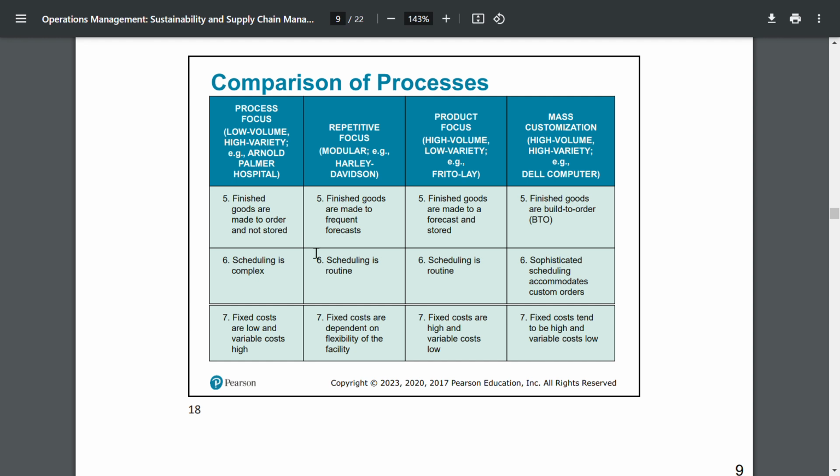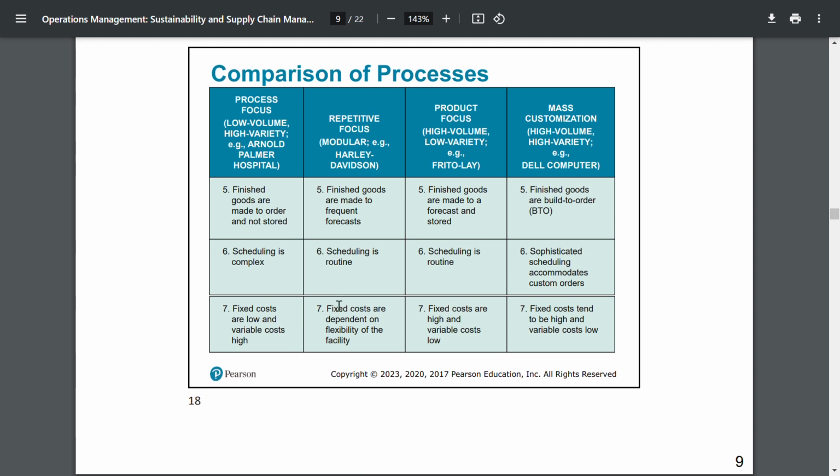And then for scheduling, the scheduling is a routine. So it's not a very complex task, not as complex as the process focus. And then the costs are fixed, and they depend on the flexibility of the facility.